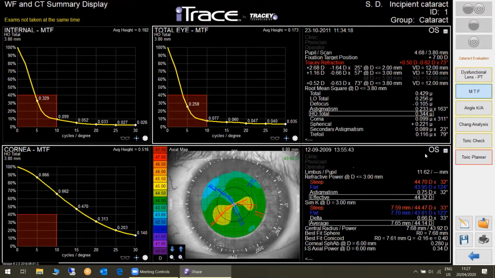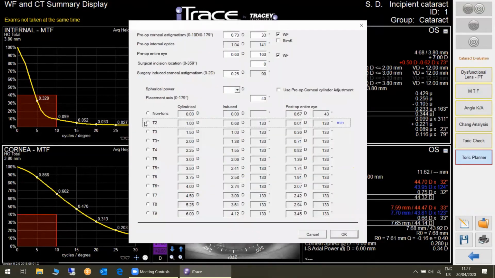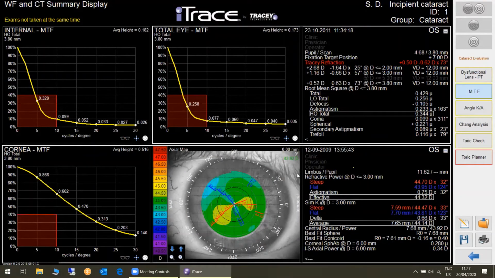But at least now you understand why the big companies come with a T2 that corrects 0.68 on the cornea, or 0.7 on the cornea. Because they've understood that if you don't take care of the astigmatism with multifocals, you're going to be in trouble.